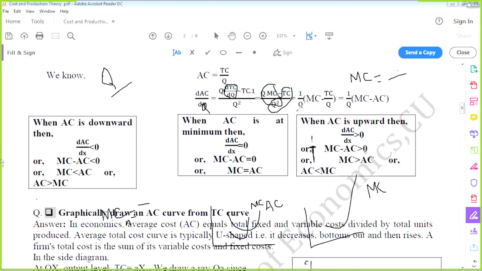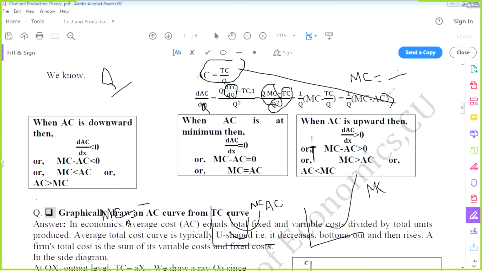Again, this is TC by Q squared, but I have taken 1 by Q in common. So TC by Q. Again, TC by Q is what? AC. So 1 by Q, MC minus AC. After taking the differentiation and simplifying, this equation comes directly to 1 by Q, MC minus AC. Clear or not?